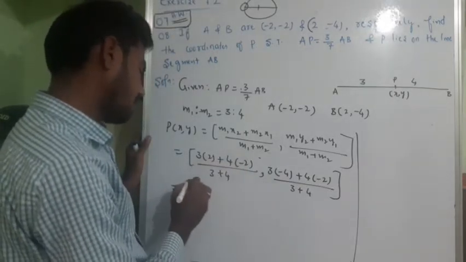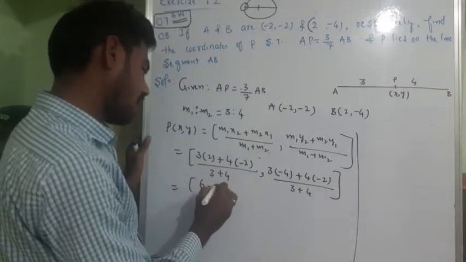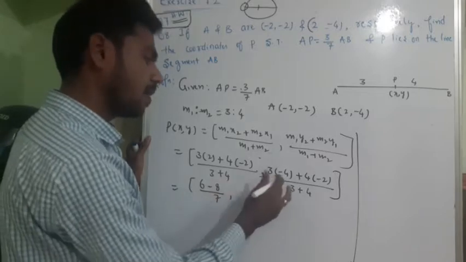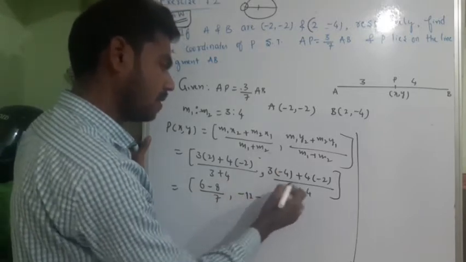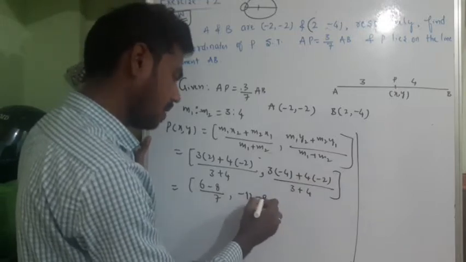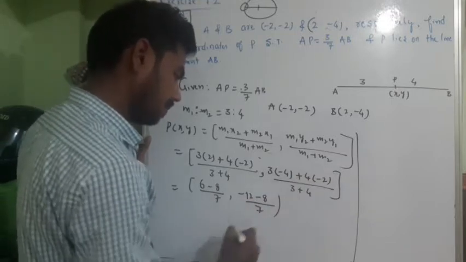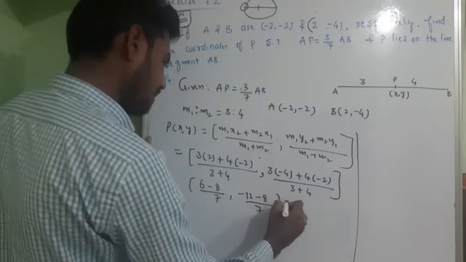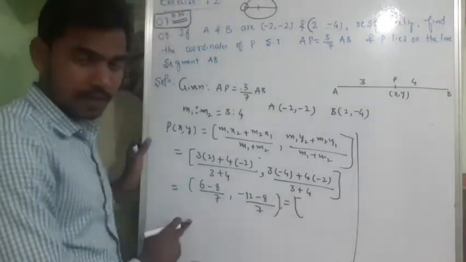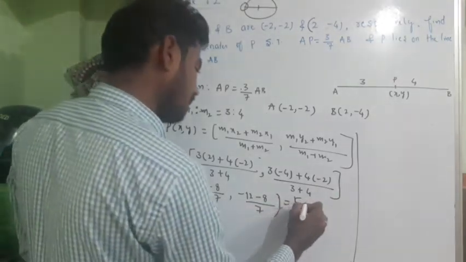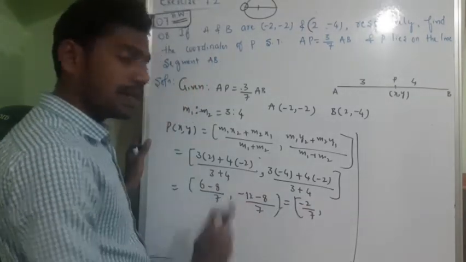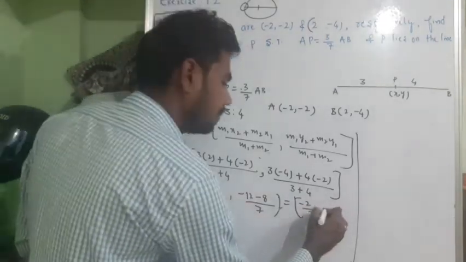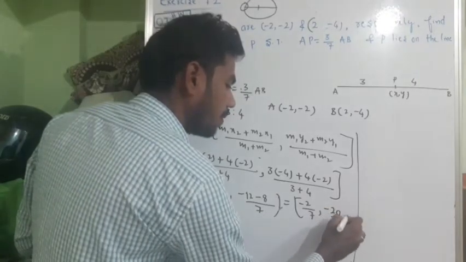3 into 2 is 6, 6 minus 8 divided by 7, comma, minus 12 minus 8 divided by 7, which is equal to 6 minus 8 is nothing but minus 2 by 7, comma, minus 12 minus 8 is nothing but minus 20 divided by 7.